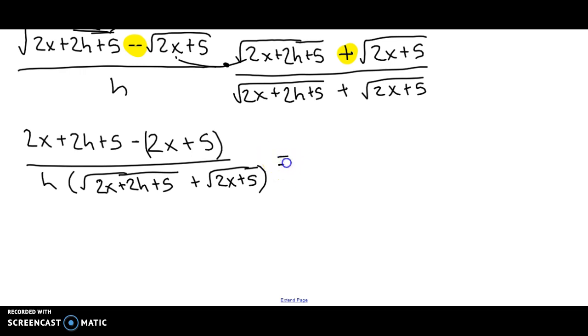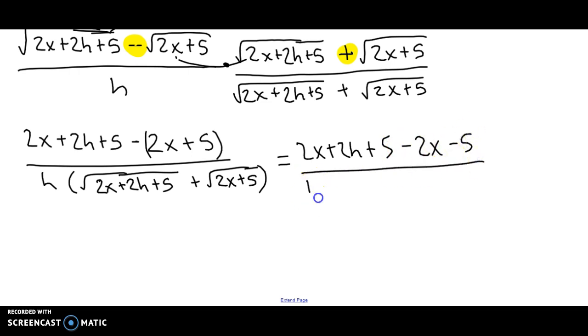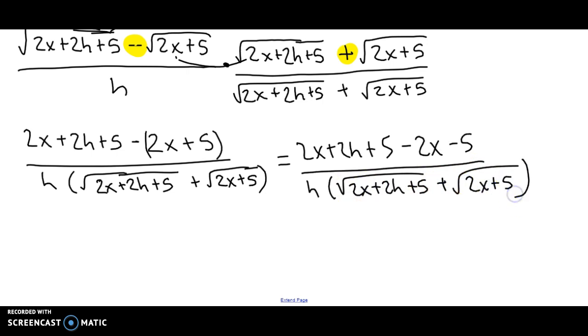So I'm going to do all the math behind it. 2x plus 2h plus 5 minus 2x minus 5 all over h times the square root of 2x plus 2h plus 5 plus the square root of 2x plus 5. Go ahead and cancel on the top what can be canceled, and you see what you're left with.